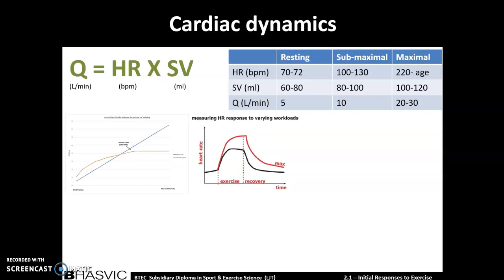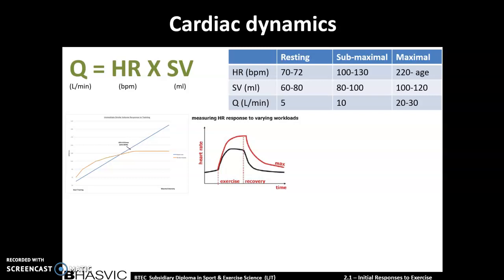As you can see on the diagram to the left, as intensity increases, so does stroke volume, until the intensity is approximately 40 to 60% of their VO2 max, and that's when stroke volume then begins to plateau.